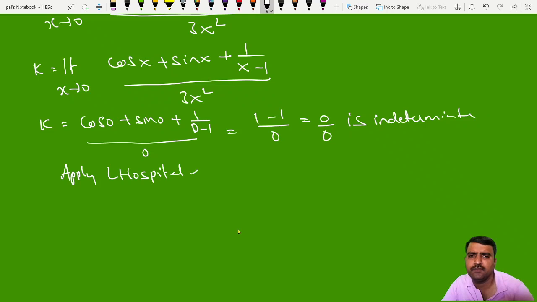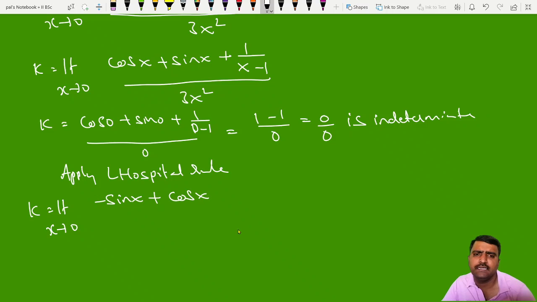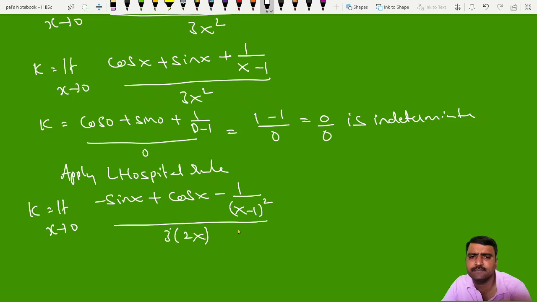Applying L'Hospital rule, we have k is equal to limit x tends to 0. Differentiation of cos x is minus sin x, plus differentiation of sin x is cos x. Differentiation of 1 by x minus 1 is minus 1 by (x minus 1) square. This divided by differentiation of 3x square, which is 3 into 2x.